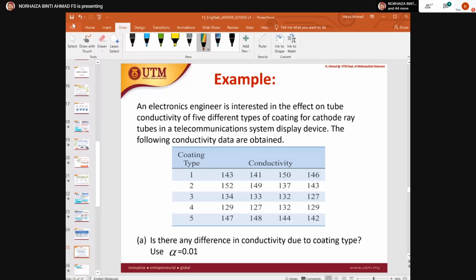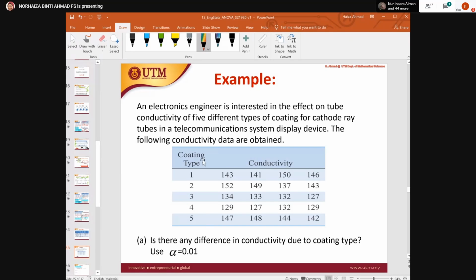Okay. Let's do an example. An electronics engineer is interested in the effect on tube conductivity of 5 different types of coating for cathode ray tubes in a telecommunication system display device.